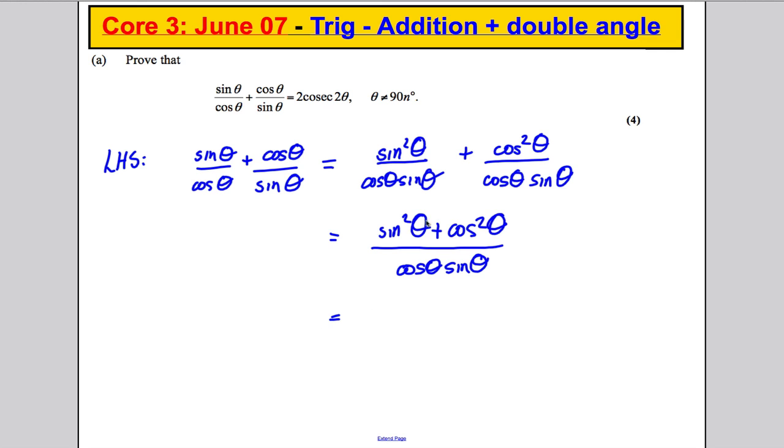Well, the top, sine squared plus cos squared is 1, and the bottom is cos theta sine theta. This is actually equal to a half sine of 2 theta, because you should know that sine 2 theta is 2 cos theta sine theta. So therefore, in particular, cos theta sine theta must be a half of this.